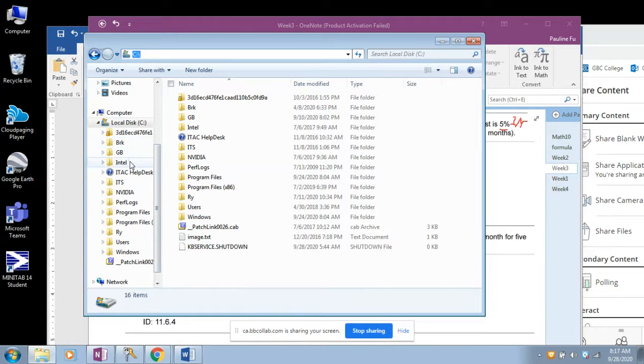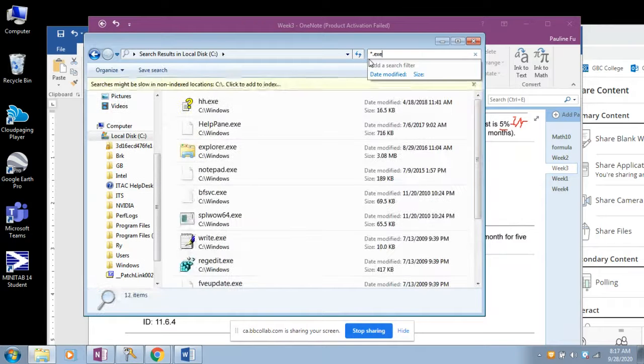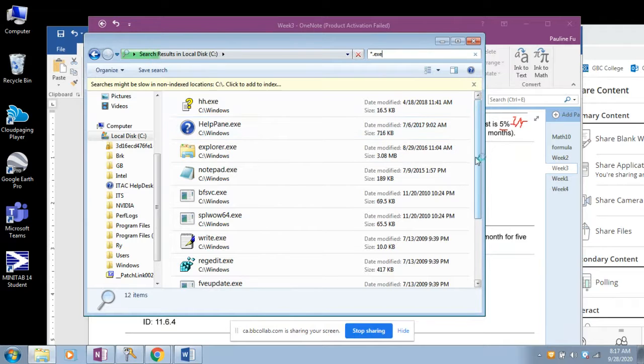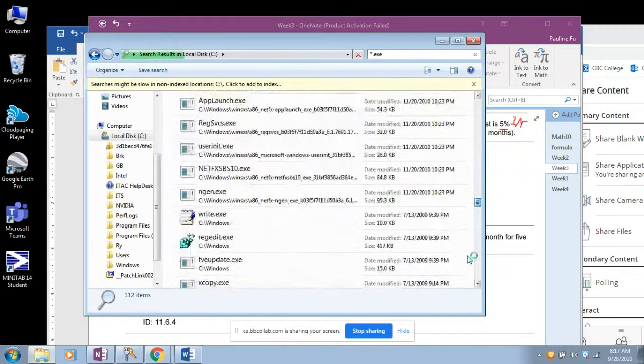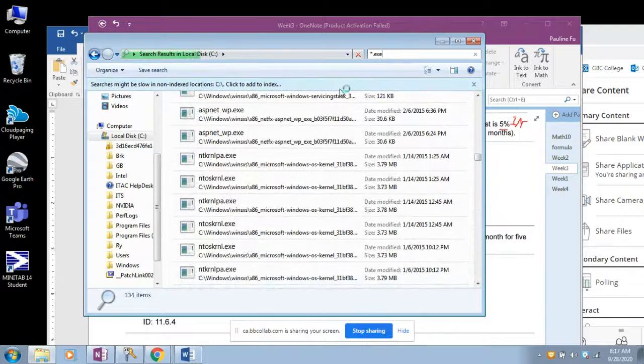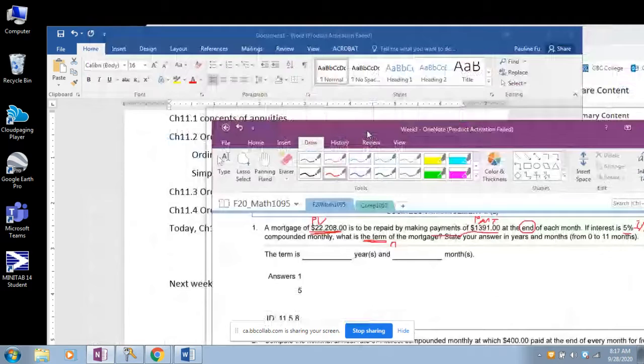Control C, B, C, program, .exe, search, .exe. It's too much, but this is not the way. I'm trying to find my calculator.